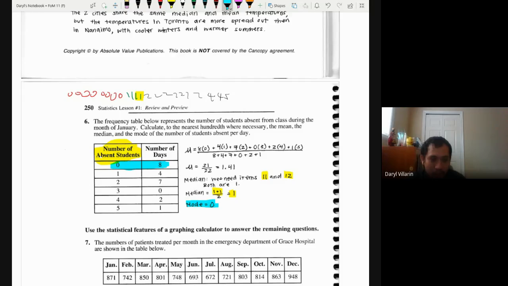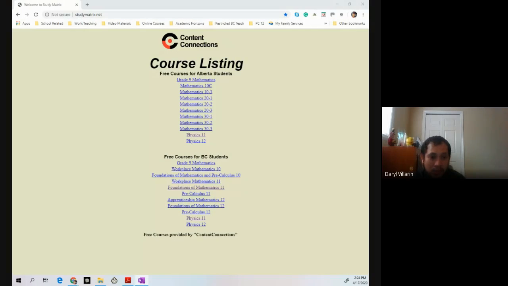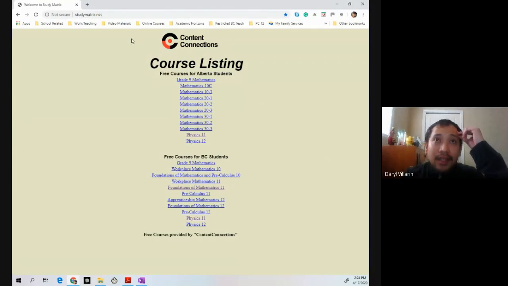wherein it shows some free courses. If you can see here, my plan is to try to use this resource. You can type studymatrix.net.